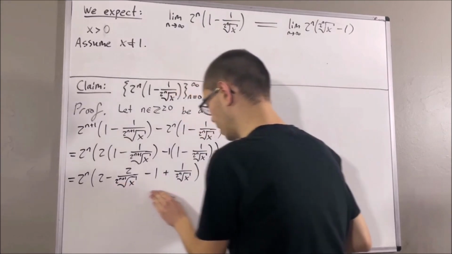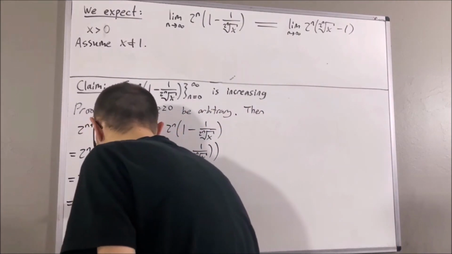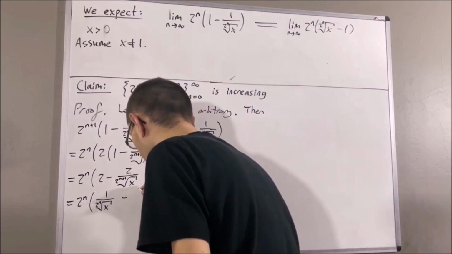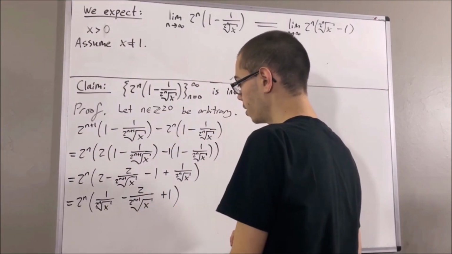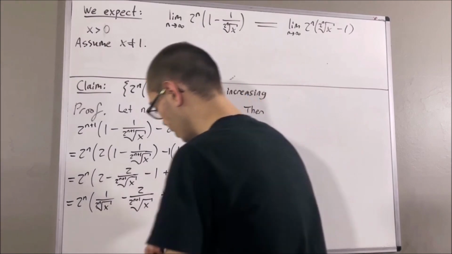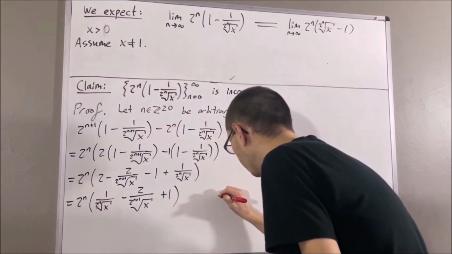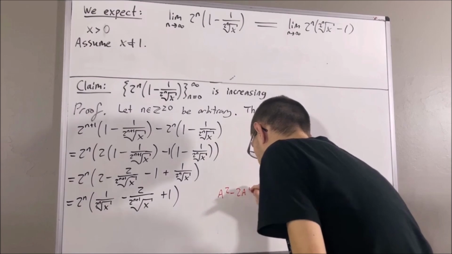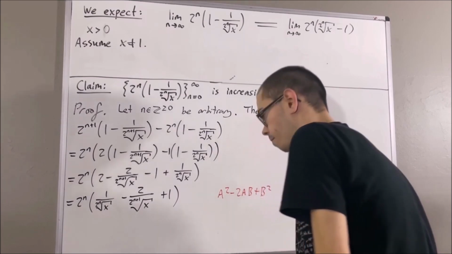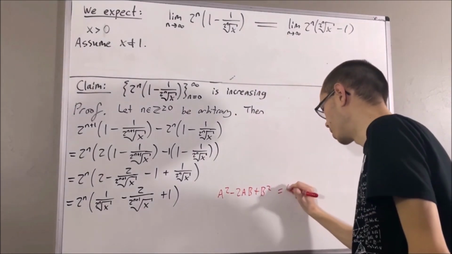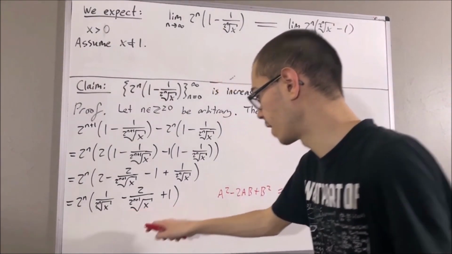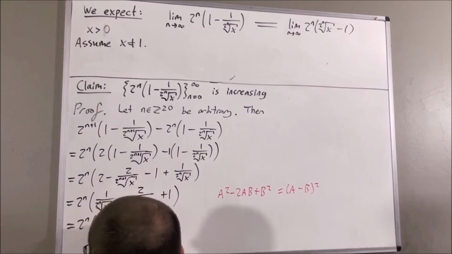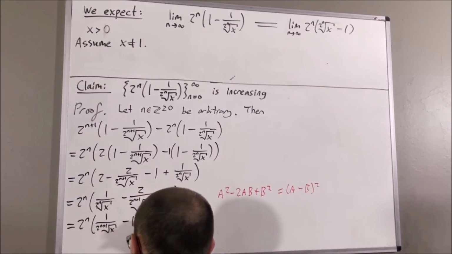And then if we clean this up, we get this. But then the thing to observe here is that we're again in the form a squared minus 2ab plus b squared, right? Which we know is equal to (a minus b) squared. And so we can re-express this guy as this.